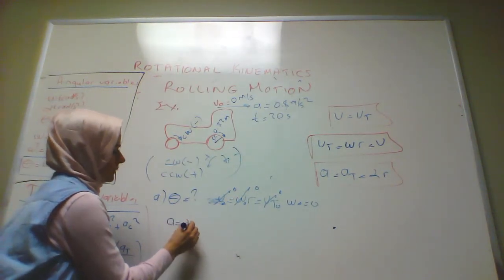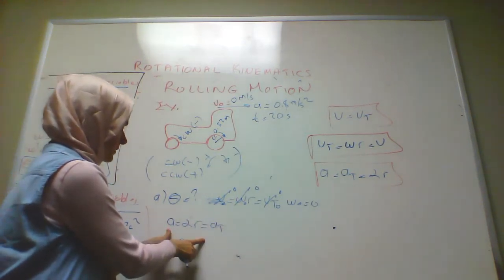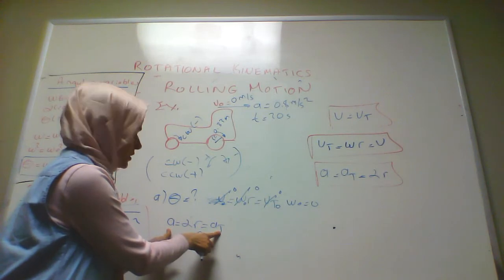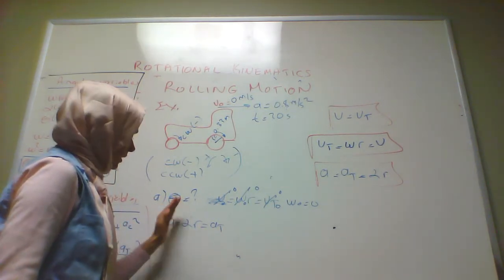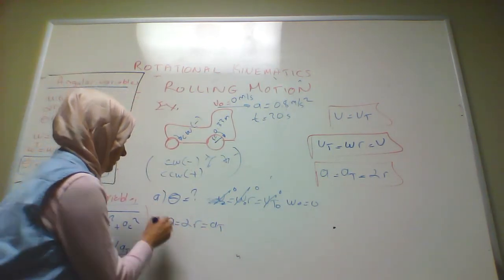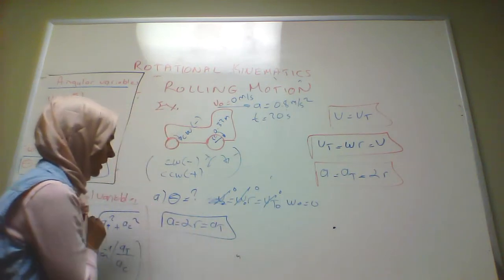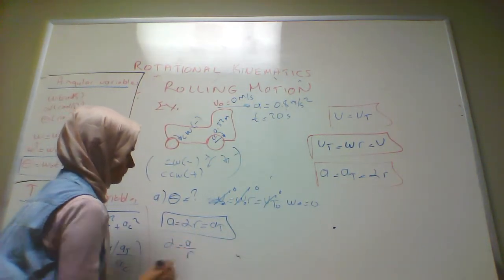A is equal to alpha r. This is coming from the fact that A, linear acceleration, is equal to tangential acceleration. Because tangential acceleration is equal to alpha r, generally not linear, but for this motion, tangential acceleration is equal to linear acceleration. Do not forget that. And from here I can solve for alpha. Alpha will be equal to A over r.